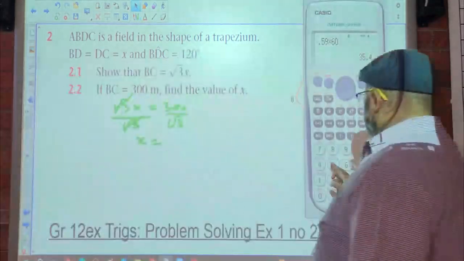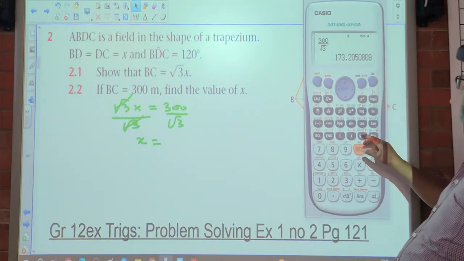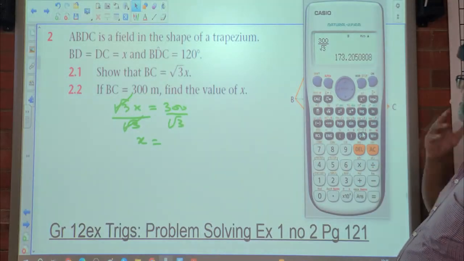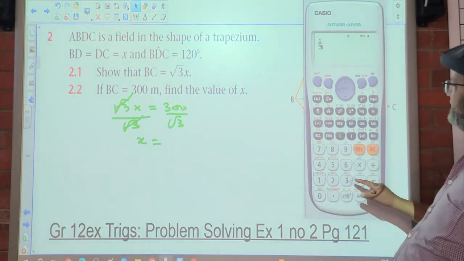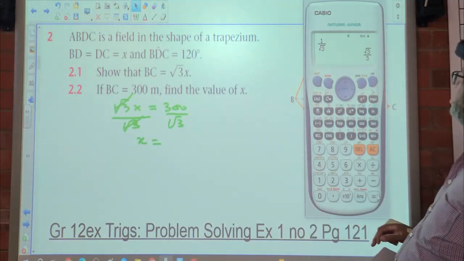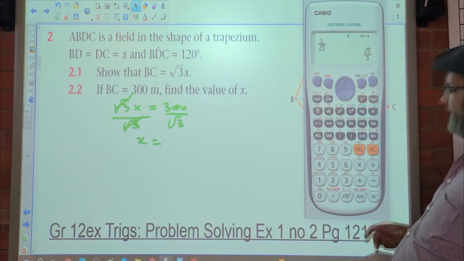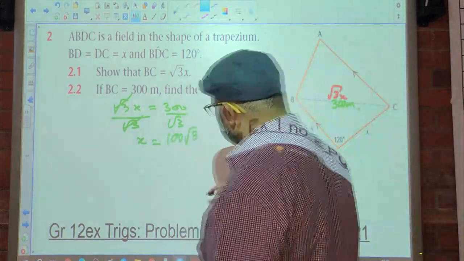So it's 300 over root 3. Should be root 3 over 3, so it should be 100 root 3. That's when you're rationalizing the denominator.